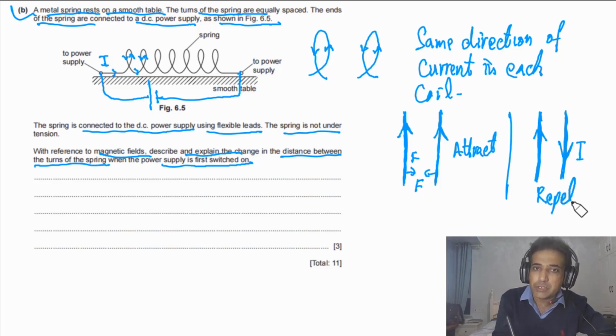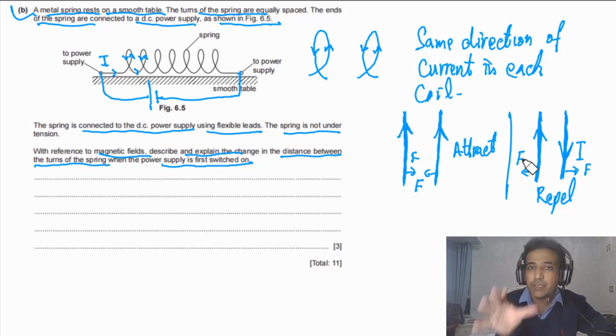Even we have studied this at IGCSE level. We can also use Fleming's left hand rule to prove this, but for simple understanding, you need to know when wires attract and when they repel.